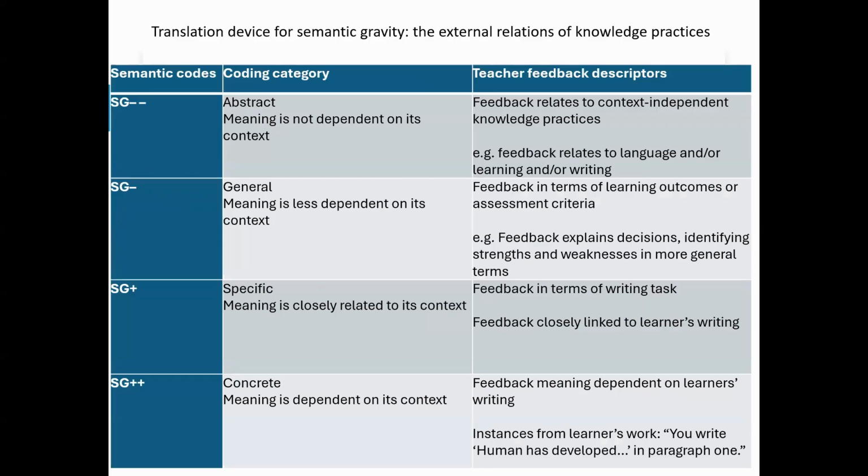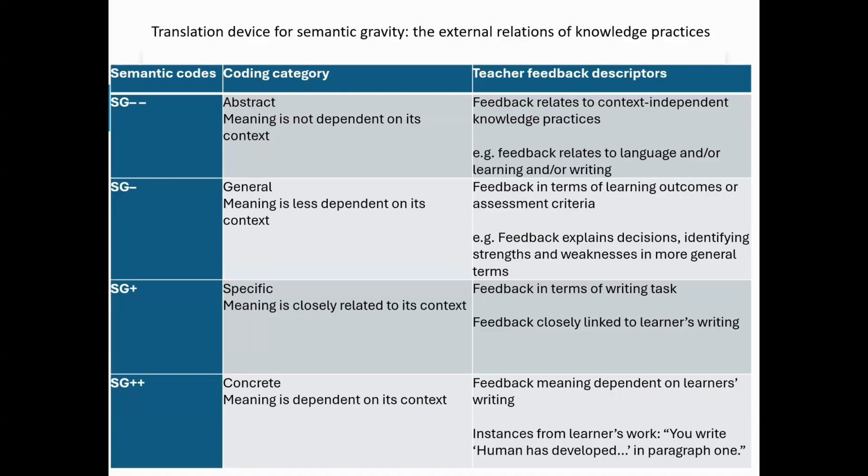So when I started to look at the classroom talk, I developed these translation devices for semantic gravity. And from what the teachers were talking about, at its strongest, they were quoting from the learner's writing. SG plus, it was talked very much in terms of the writing task.